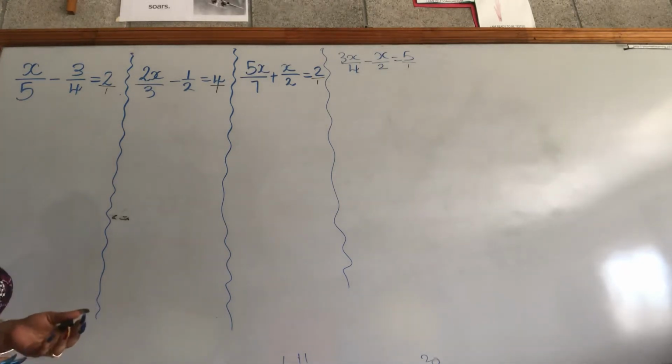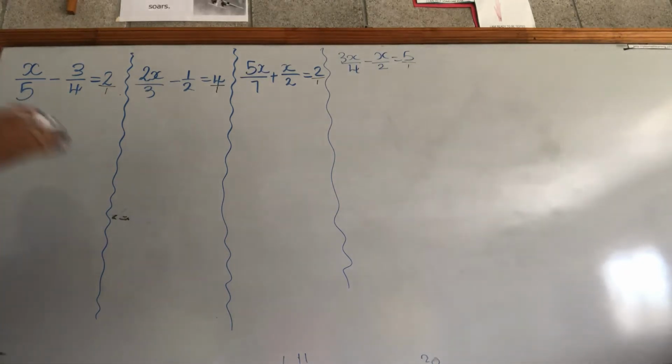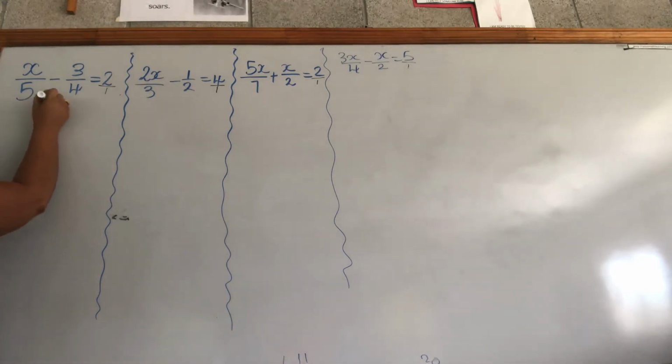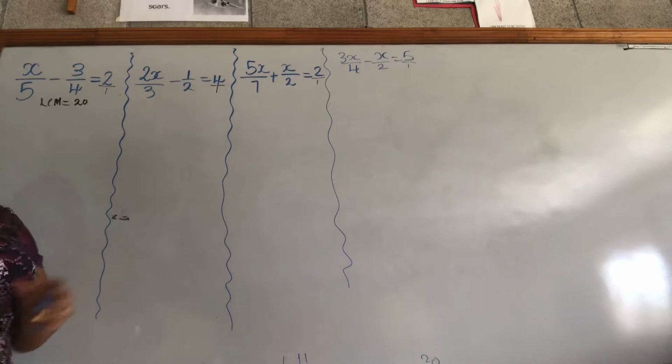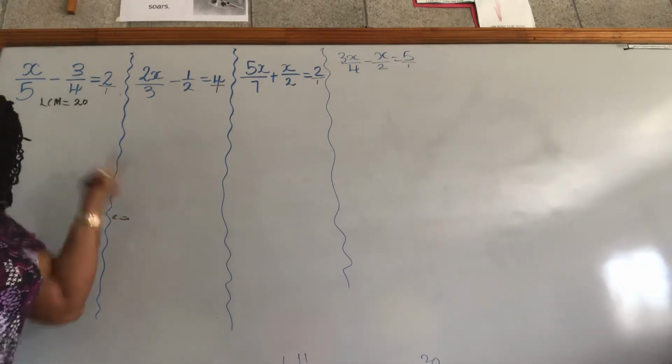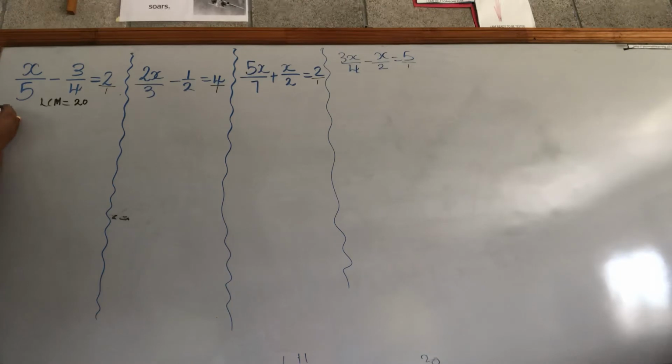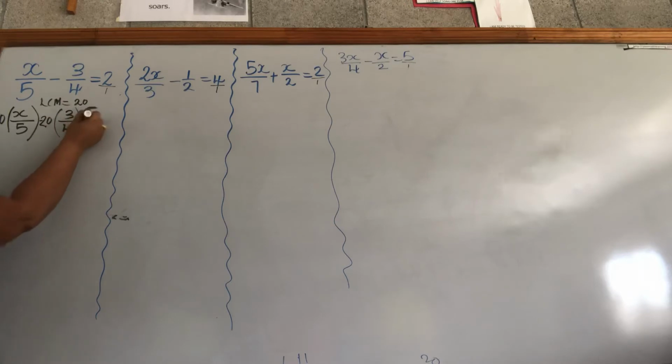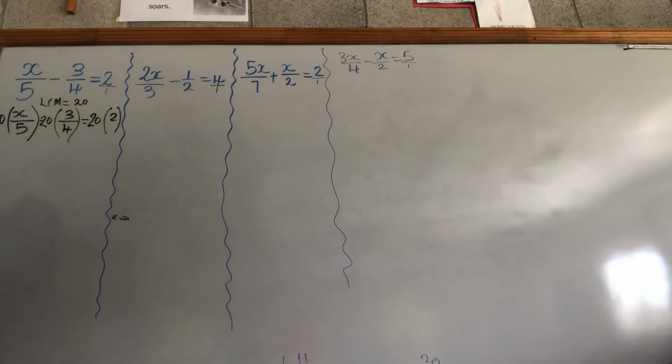So we look at those numbers and we identify the lowest common multiple. 5 and 4, the LCM will be... Then the next step is to multiply each fraction by my LCM. Alright, I am multiplying by my LCM.